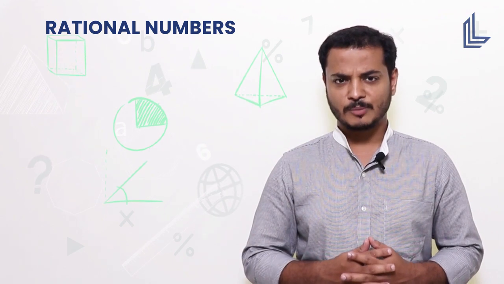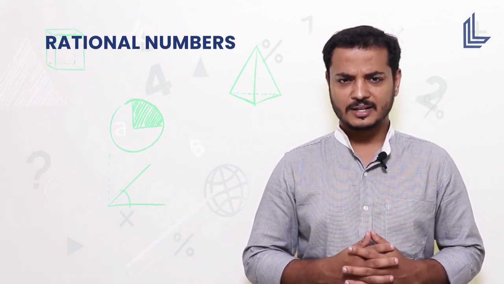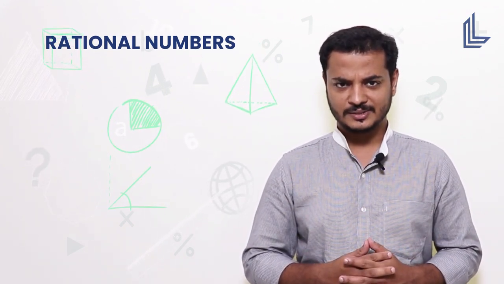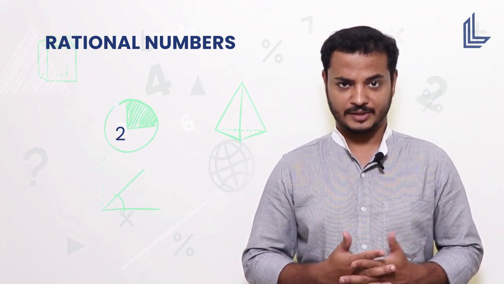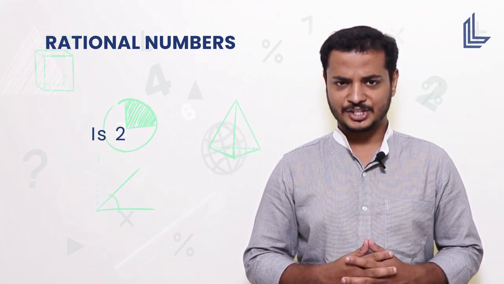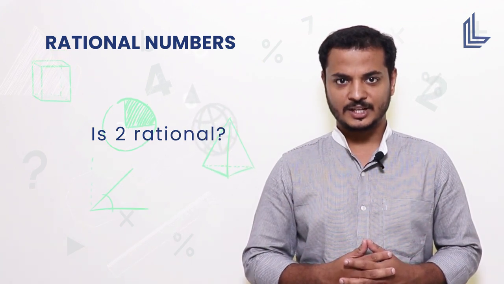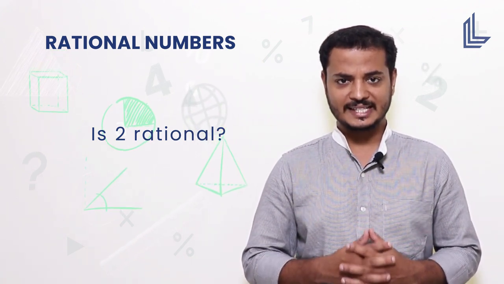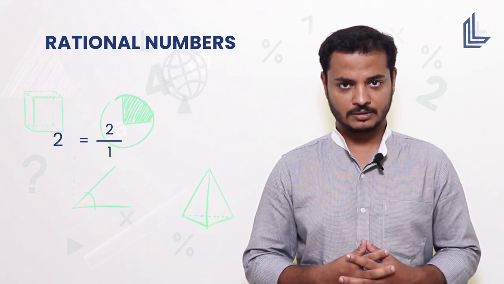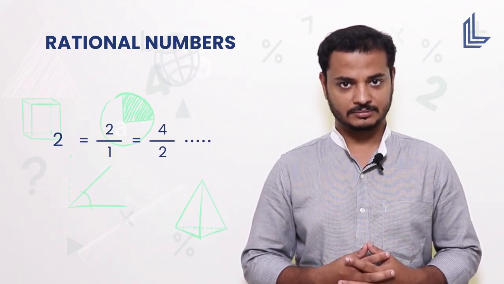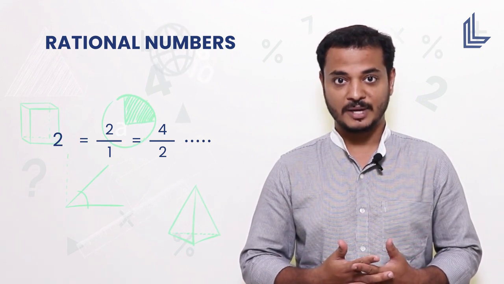Now, I want you to think about this question. Are integers rational numbers? For example, consider 2. 2 is an integer, right? Is it a rational number? Now, if you look at it, we can easily see that 2 could be expressed in the form of 2 by 1, 4 by 2, etc. And all of these are in the form of P by Q, right?